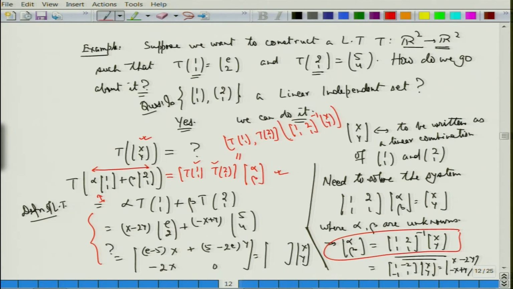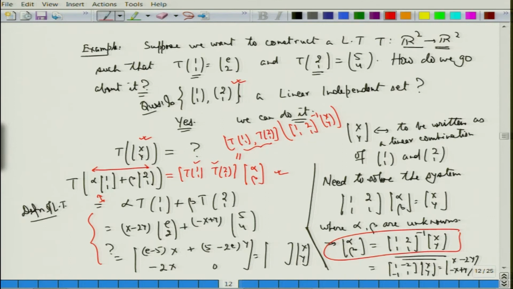That is all I am doing here. Let me just leave it as it is, it is too congested here. I want you to understand this. In this example, we could get it because of this being a linearly independent set. Let me look at another example before I come to the main theme.